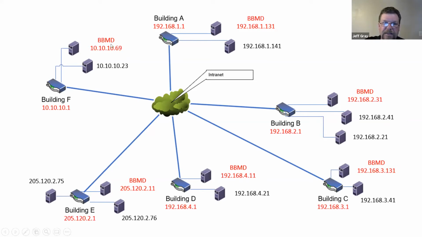The last digit of the BBMD doesn't matter. The thing that matters is that it's a static IP in all the BBMDs, and every BBMD has each other in its BDT table, so that you create this mesh that will talk through the intranet.